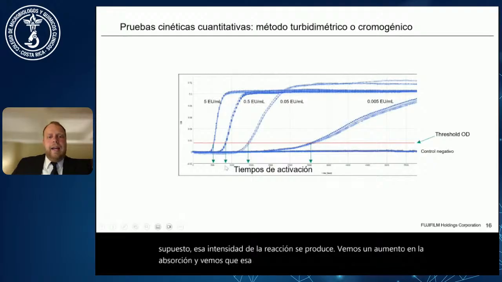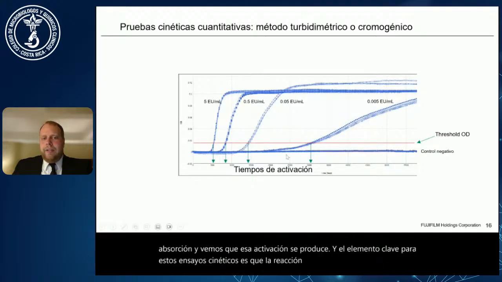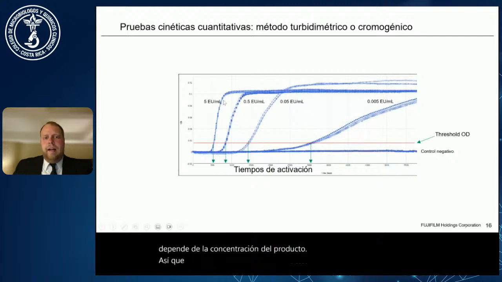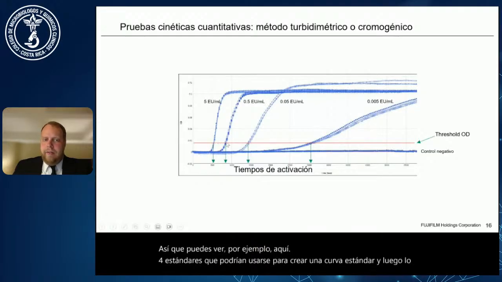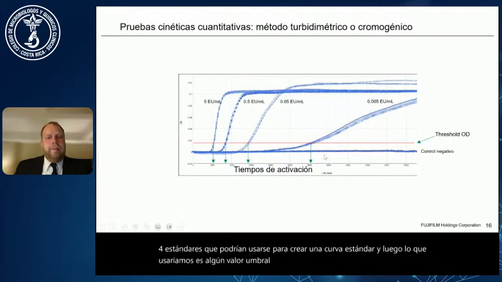And the key item for these kinetic assays is that the time of reaction is dependent on the concentration of the product. So you can see, for example, here, 4 standards that could be used to create a standard curve. And then what we would use is some threshold value to give us the activation time.